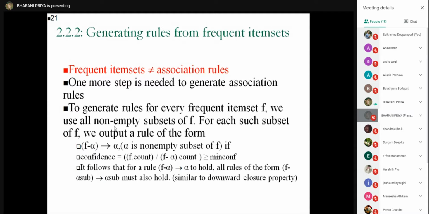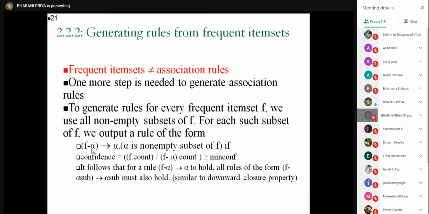For this rule to hold, you need to check whether the subsets of alpha, that is alpha sub, which we are representing on the right hand side, and the remaining F minus alpha sub, must also hold. I'll repeat. There are F number of frequent item sets.